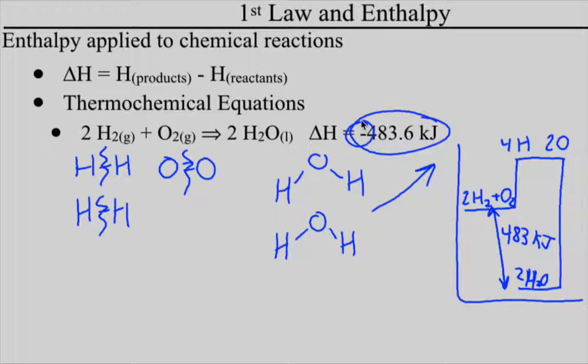And if this is negative, the products will be below the reactants. We don't know how high this is. We don't know how far the drop is. The only thing we know is that. And that's what the thermochemical equation gives us. Is that okay? Go ahead. So we will always have the delta H on the thermochemical equation. Like we won't have to find it.